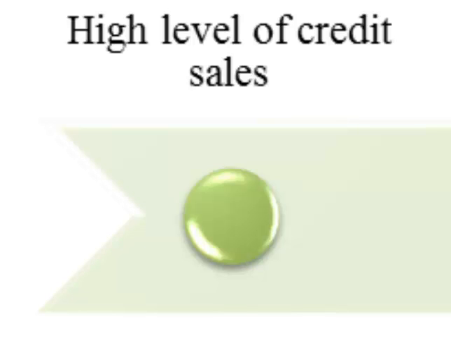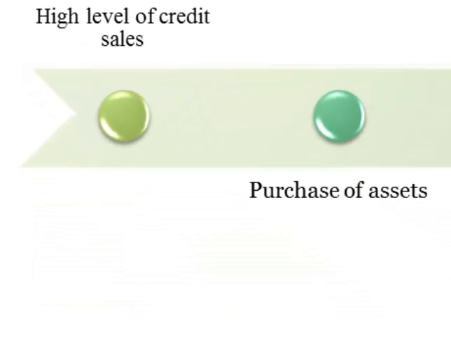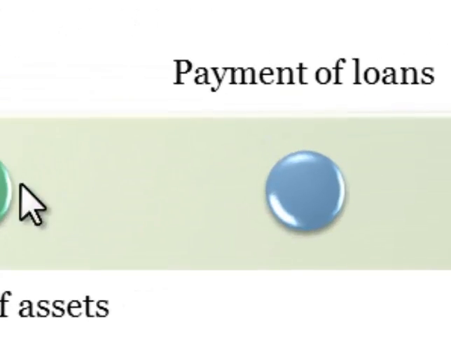A business may have made plenty of sales and have a high level of credit sales, but if they don't get paid back straight away, all this money is out there, and it isn't coming in, and you're not completing the cash flow cycle, which can have an impact upon your cash flow in the short term. You may also be purchasing some assets that's nothing to do with income or expenses of a business, right? So that is still drawing on the cash flow.